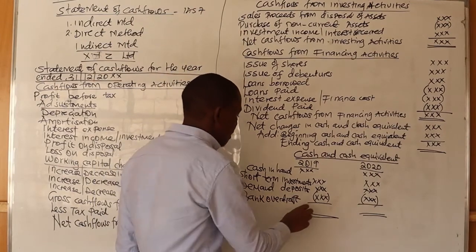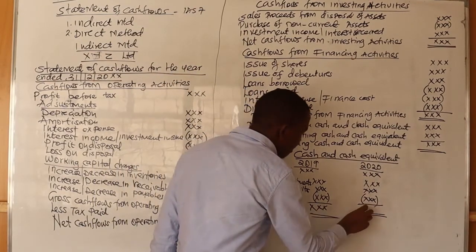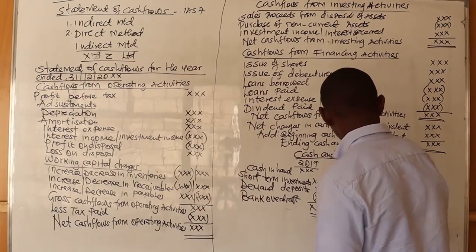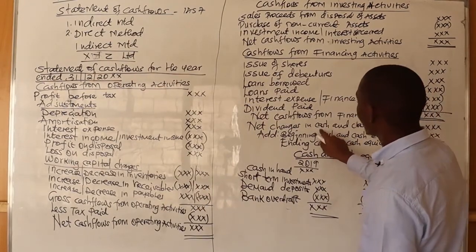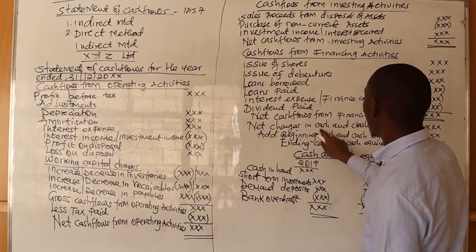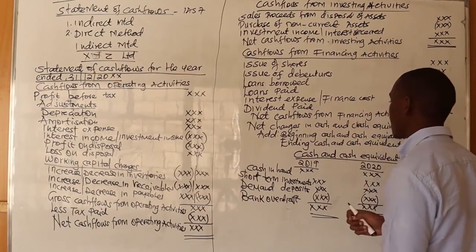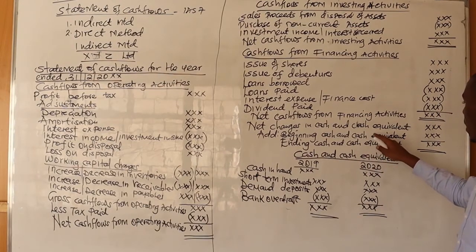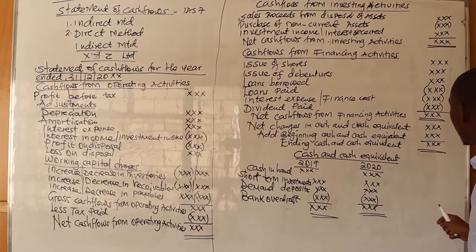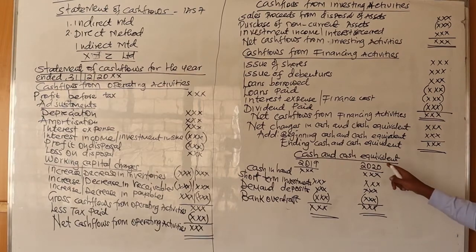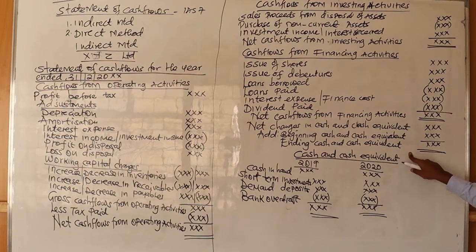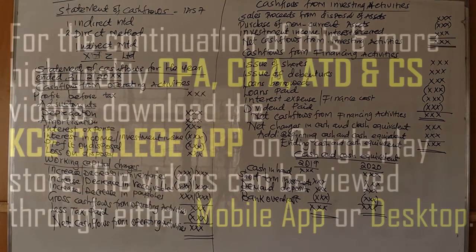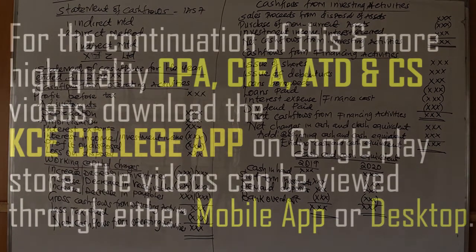These values that you get, this is the beginning and this is the ending, of which when you take the net changes in cash and cash equivalent and add the beginning cash and cash equivalent, you are going to get the ending cash and cash equivalent.